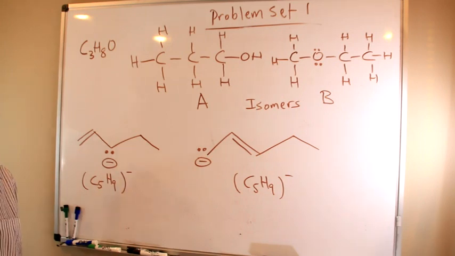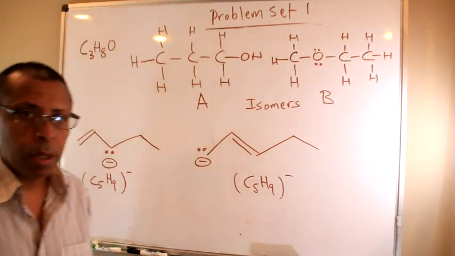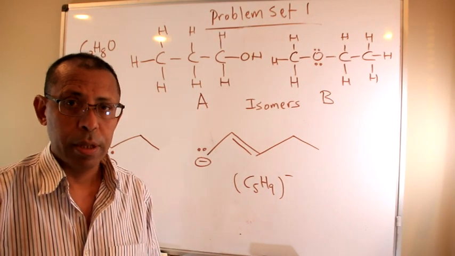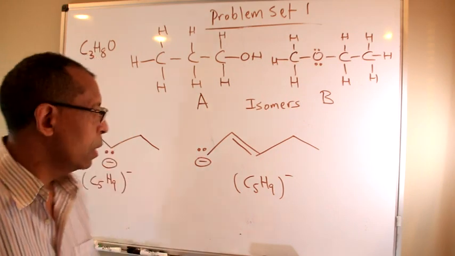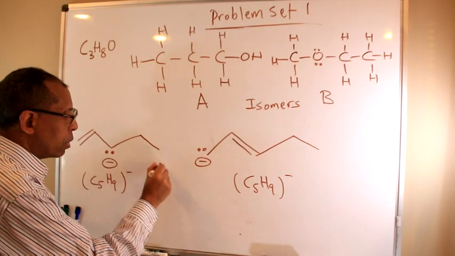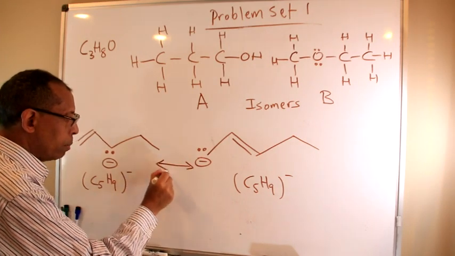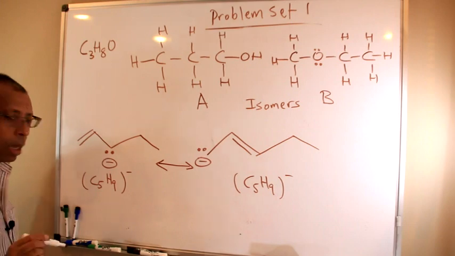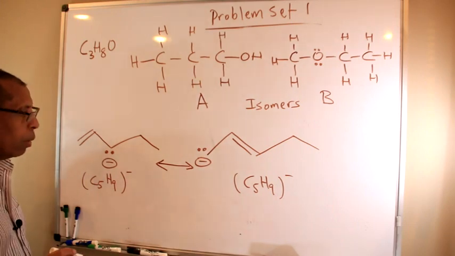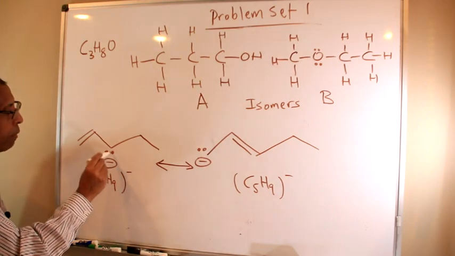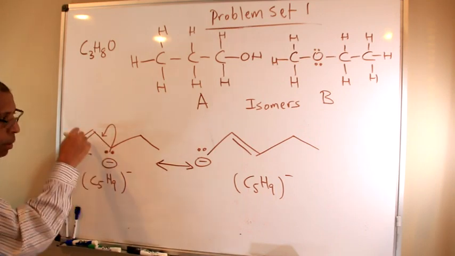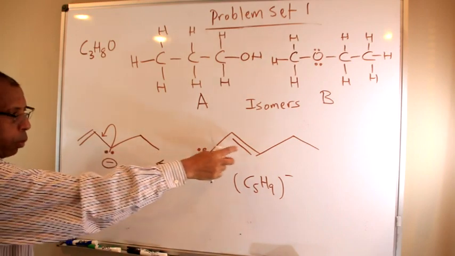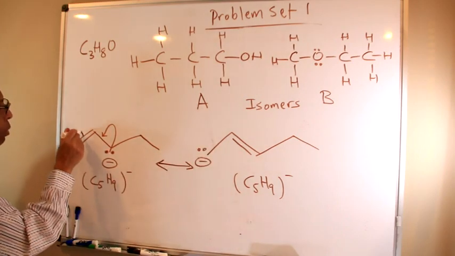Can I draw a resonance structure? Because whenever you see a double bond and a pair of electrons, there is a possibility that they might be resonance related. So if I just put a sign or a symbol for resonance and start pushing electrons, what do I get? For example, if I put these 2 electrons back to the bonding here, the bond right there, the way this is, I would take out this.